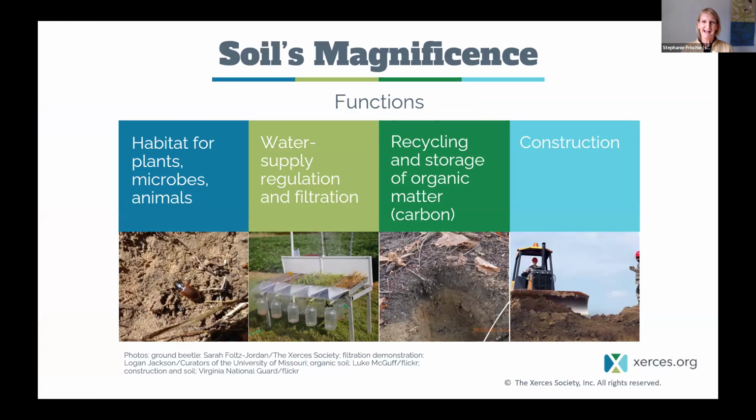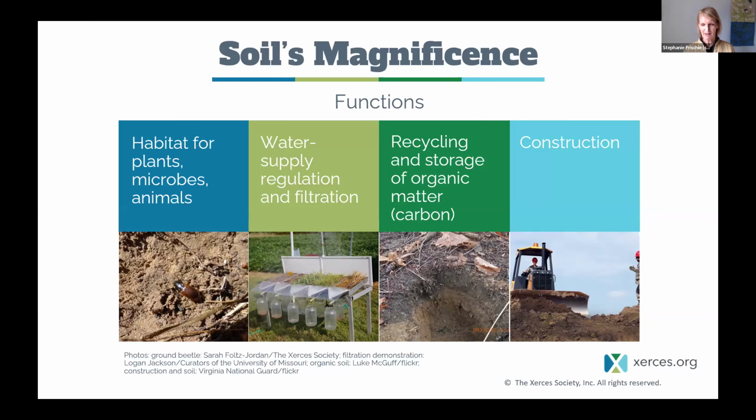Soil, the more I learn about it, the more I study. It was one of the real light bulb classes for me as an undergraduate student, how magnificent and interesting and how much there was to know about soil. If we look at it from a functional perspective, it's habitat for plants, microbes, and animals.